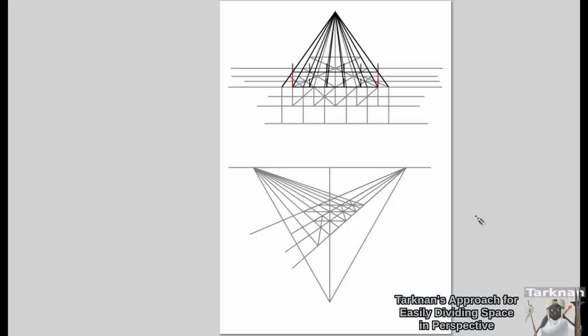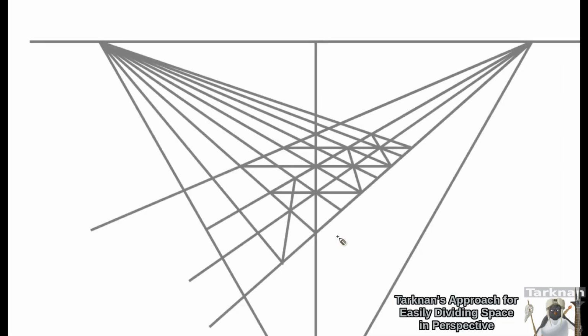Below is a 2-point perspective grid. The idea was the same here, to start with an initial square, which, if I remember correctly, is here. Then this side is simply this quarter that has been duplicated in this direction.